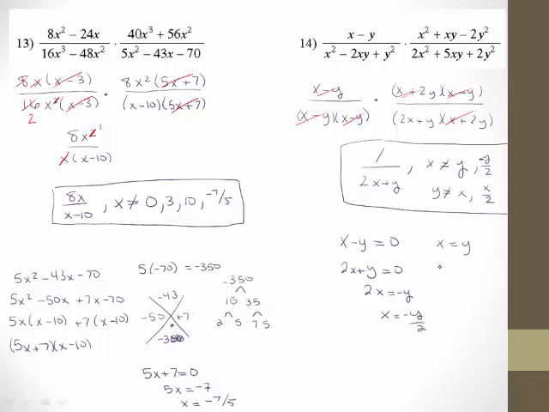And I have x plus 2y is equal to 0. I forgot the 2y. So x cannot equal negative 2y. And then I have to go back and solve those for y as well. So y can also not equal negative 2x.